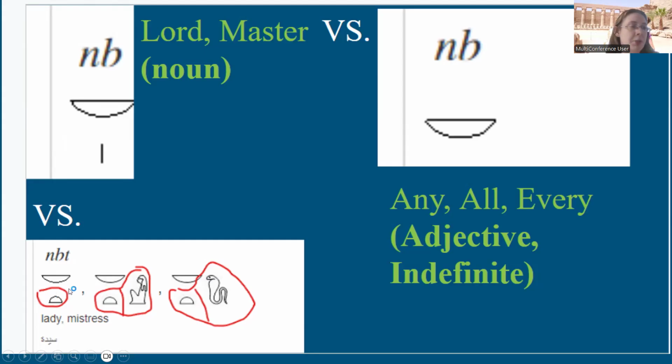And so if you want to make a word feminine, one of the things that you can do, depending on the situation, is add that feminine T at the end. So if you're looking at, say, this picture versus this picture, you can tell that this top one is the masculine version, lord, master, versus this one down here is the feminine version, lady or mistress, because it has that feminine T.